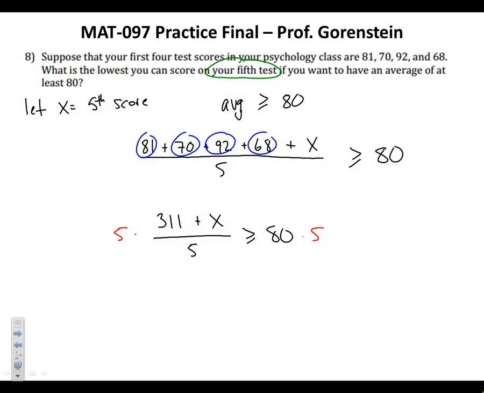On the left, the 5's cancel. So we have 311 plus x is greater than or equal to 400. We could eliminate the positive 311 by subtracting 311 from both sides.